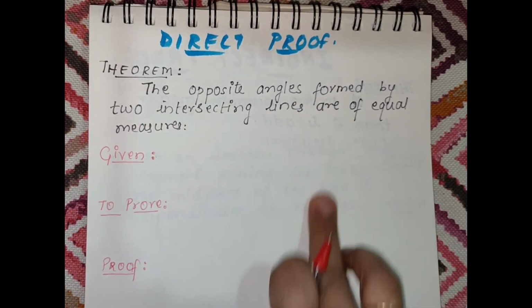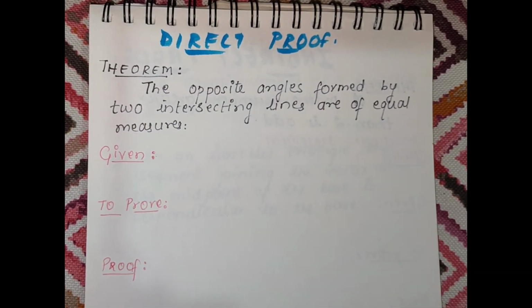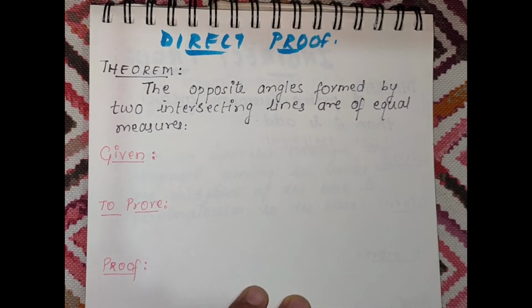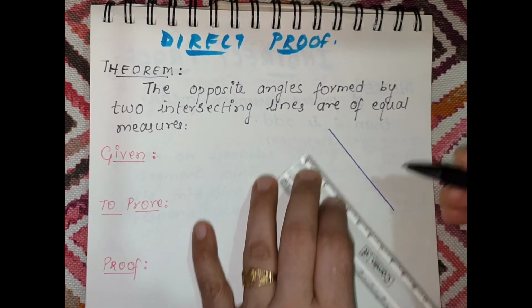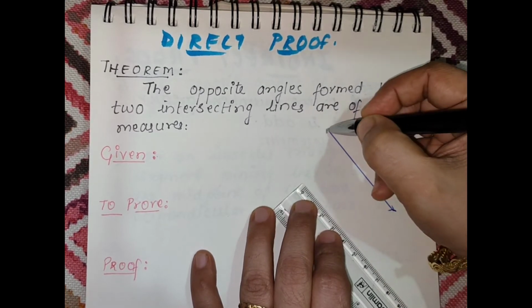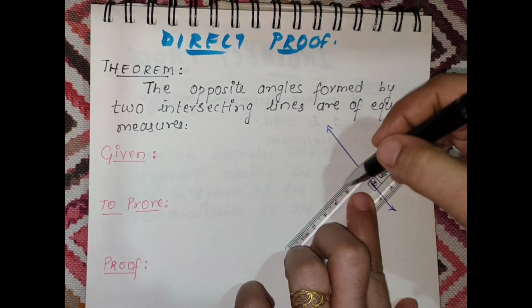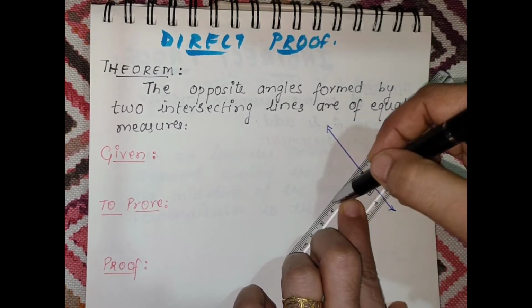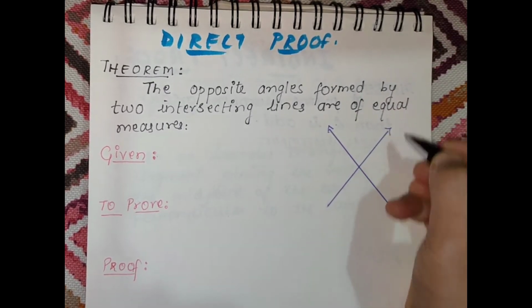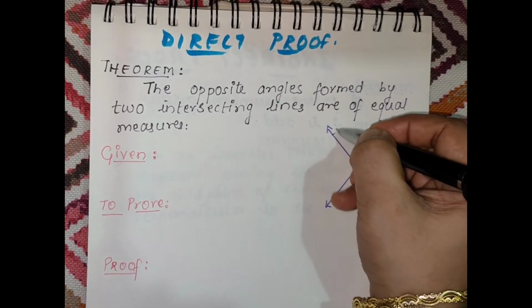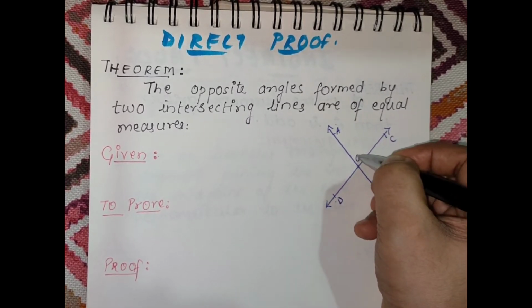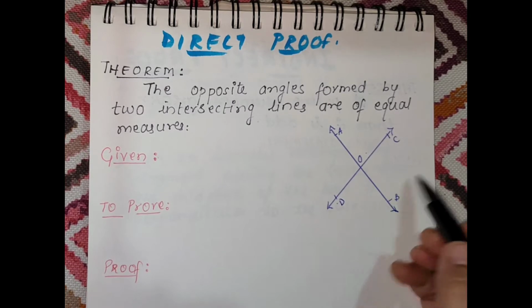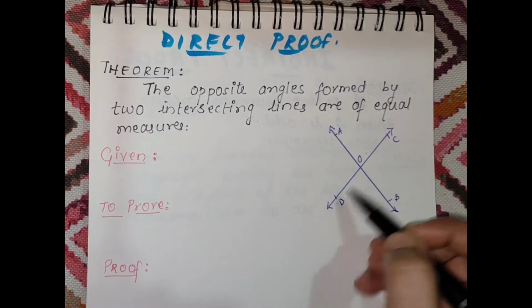Now according to the statement, the figure will be two intersecting lines. Line AB and line CD intersecting at O. So line AB intersects line CD at O, such that they are collinear: A-O-B and C-O-D.